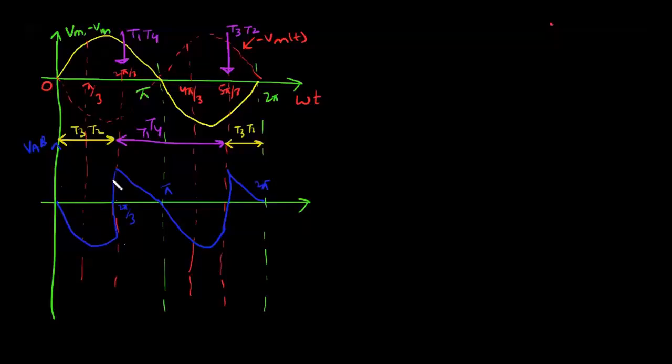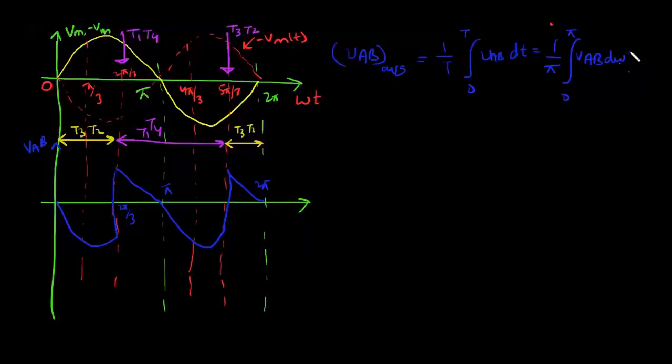So VAB has a time period of π. Let us calculate VAB average. This is nothing but 1/T times the integral of VAB dt, so over the period 0 to π, VAB d omega t.